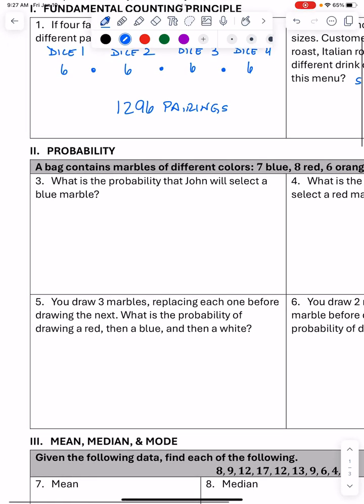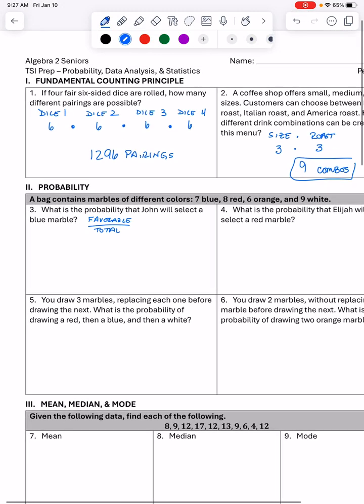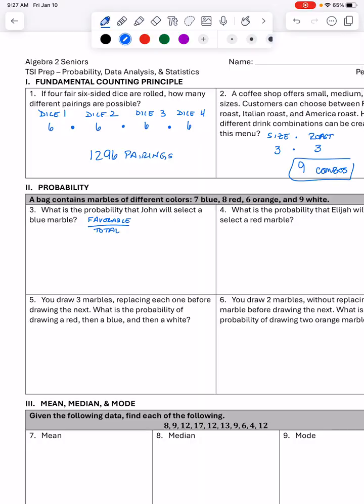Now probability, remember we talk about it's a percentage, it's a fraction. It's the number of favorable outcomes over the total outcomes. In this case it says a bag contains marbles of different colors: 7 blue, 8 red, 6 orange, and 9 white. What's the probability that John will select a blue marble?